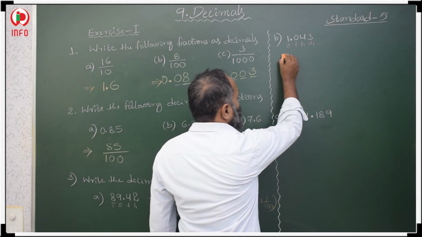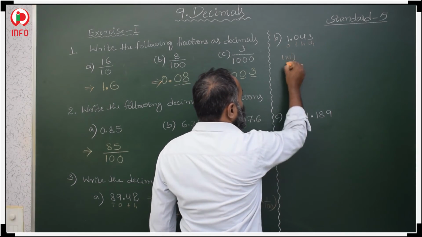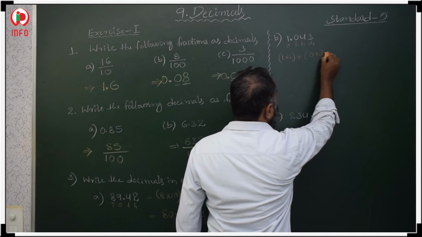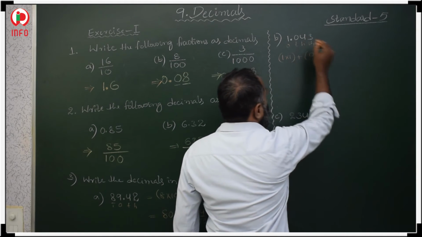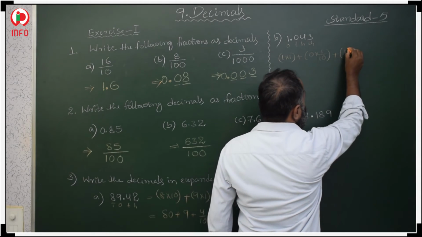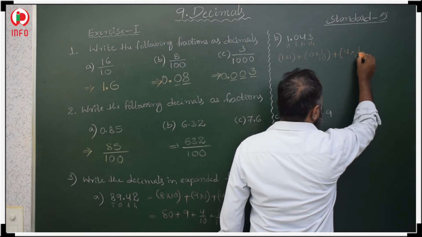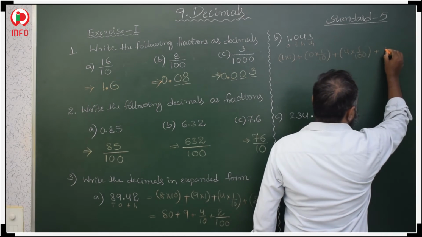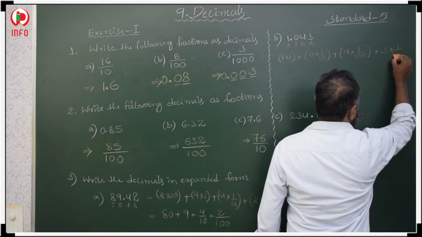1 is in the ones place, 1 into 1, plus 0 in the tenths place, 0 into 1 by 10, plus 4 in the hundredths place, 4 into 1 by 100, plus 3 in the thousandths place, 3 into 1 by 1000.